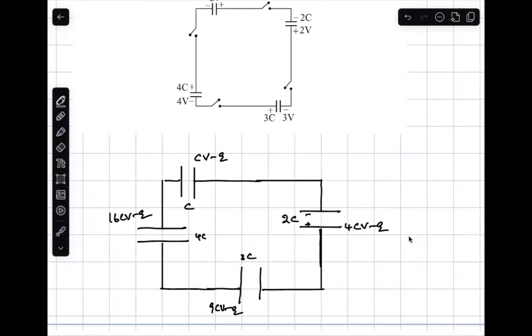Here, this is plus minus, plus minus, plus minus, plus minus. Right.